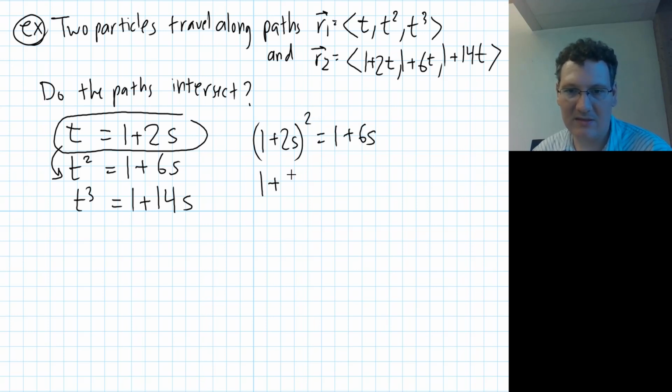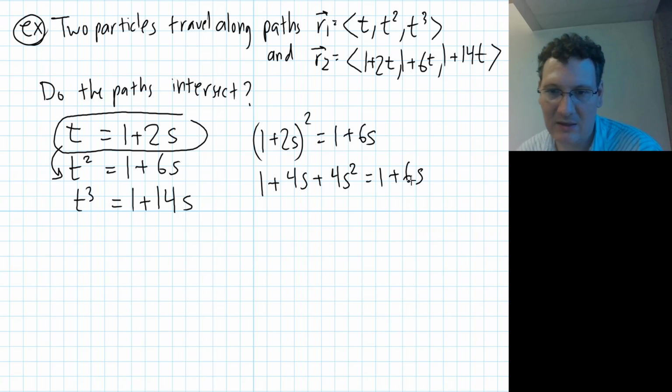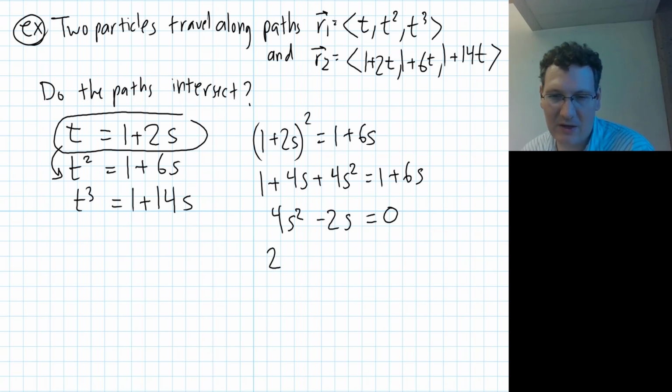In other words, 1 plus 4s plus 4s squared equals 1 plus 6s, which is a quadratic: 4s squared minus 2s equals 0. If we factor out the 2s, we have 2s times (2s minus 1) equals 0.